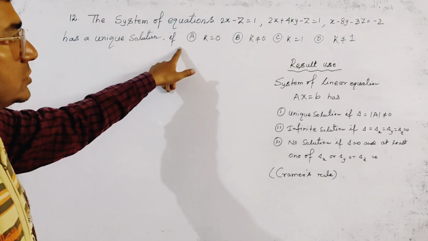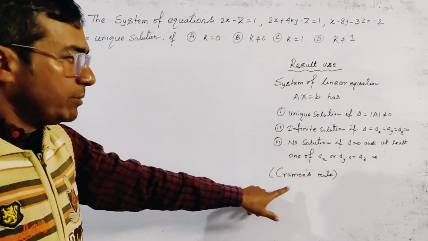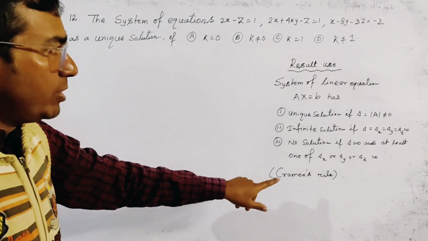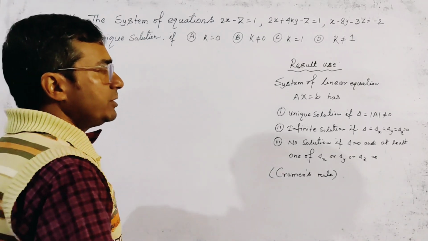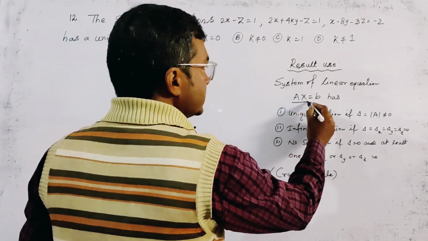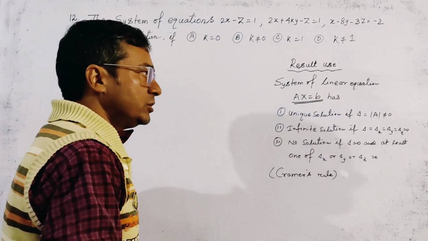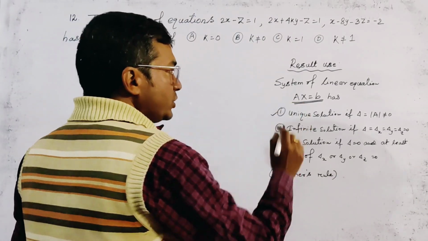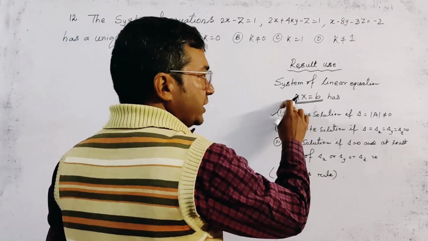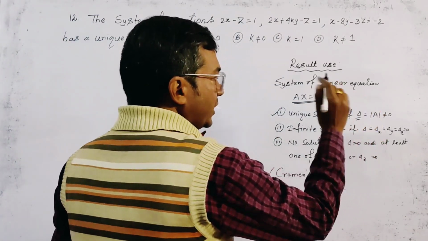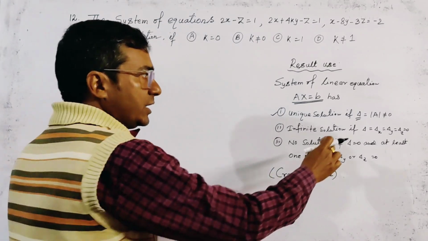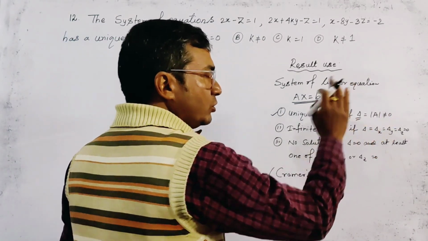Here we use the result from Cramer's rule, which states that the system of linear equations AX equals B, in matrix form, has a unique solution if the coefficient determinant, generally written as delta, equals determinant A, is not equal to 0.